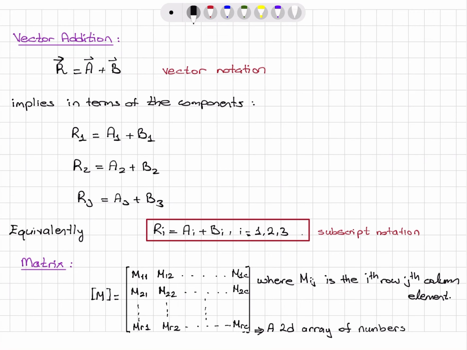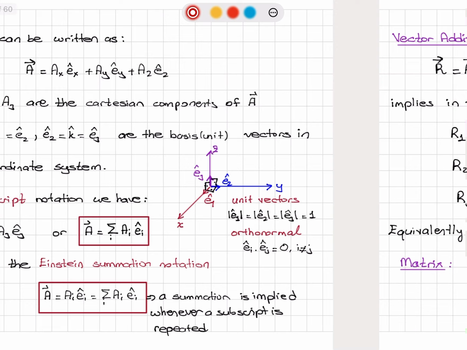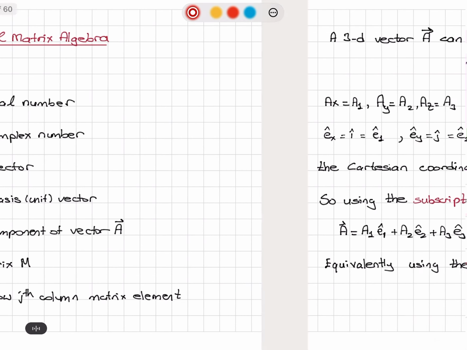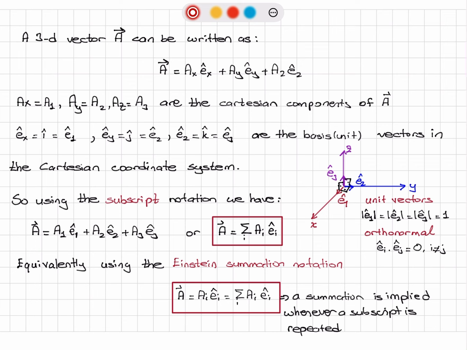Okay. All right, so we have talked about our notation, and we have talked about how to represent a vector in terms of its components, both using this vector notation or using the subscript notation as the sum over i of A_i e_i hat, which translates to, in Einstein summation notation, A_i e_i hat only, without the summation, because the summation is already implied by the presence of these repeated subscripts.